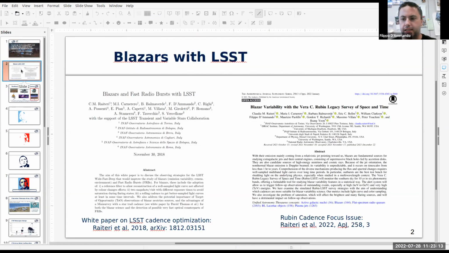First of all, something that you have already seen, but I want to underline once more, is that for the blazars within LSST, there was a lot of effort by Claudia Recari, who led the main work and the main publication on blazars. You can see here the two main publications. It's important to stress that without the effort by Claudia, probably most of the ideas inside this presentation would not be there.